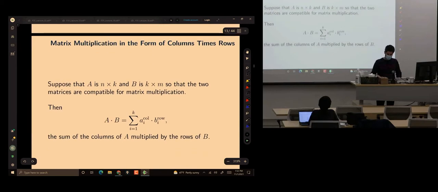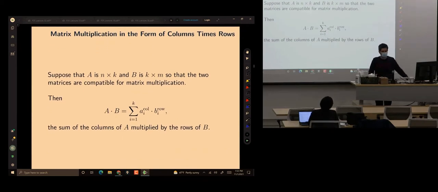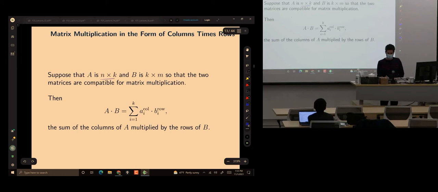Now this was the standard case, but to come up with a new way to talk about factorization that is less painful and more intuitive, we decided to frame everything around the second way of multiplying matrices. A less known way of multiplying matrices: in general, you have A as n by k, B as k by m.